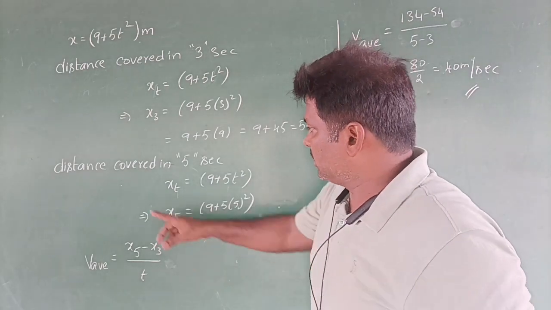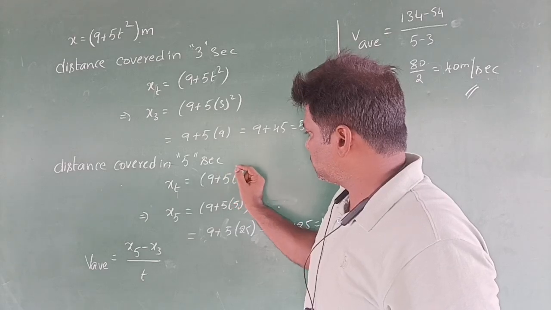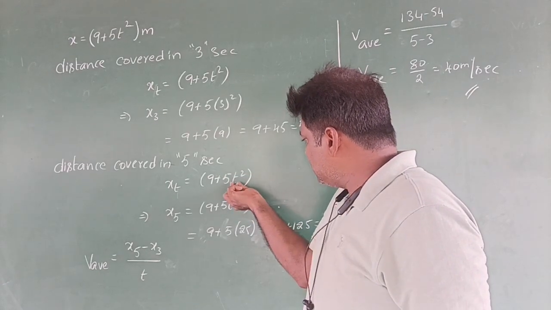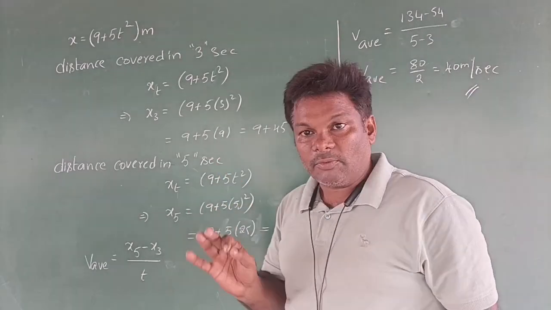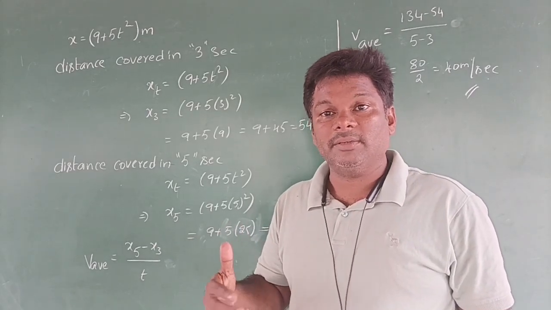Now the distance covered in 5 seconds. From the same equation, just substitute 5 instead of t, because you need to know the distance covered in 5 seconds.